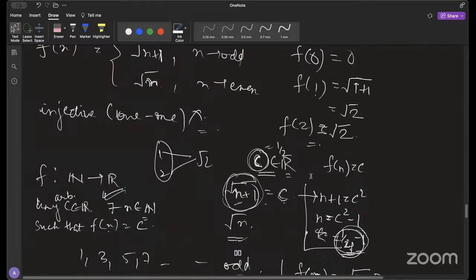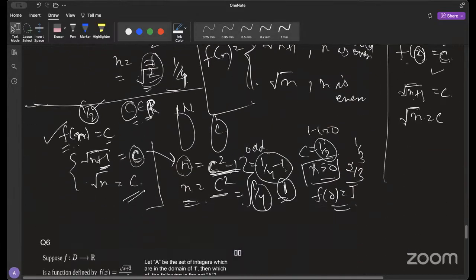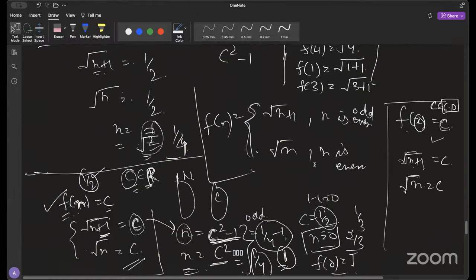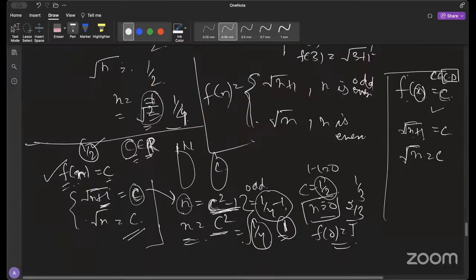Yes, ma'am. Does anyone still have a doubt in this part? In simple words, we're just trying to find x such that f(x) is equal to c. But if you have a c here, then obviously x will be in terms of c, right? So we find x or n in terms of c. That's it.